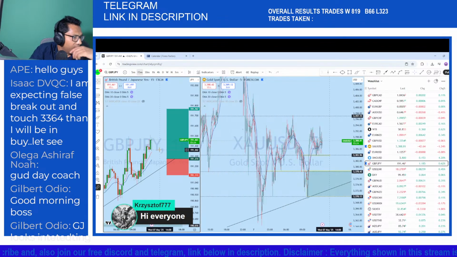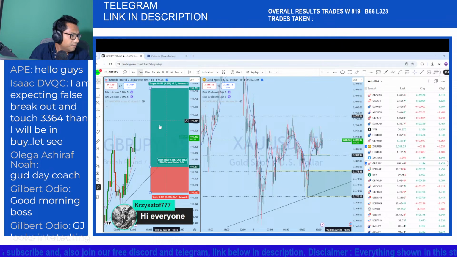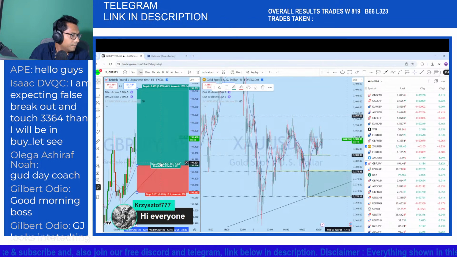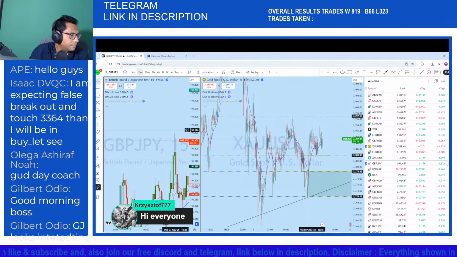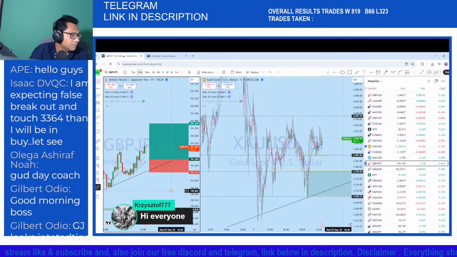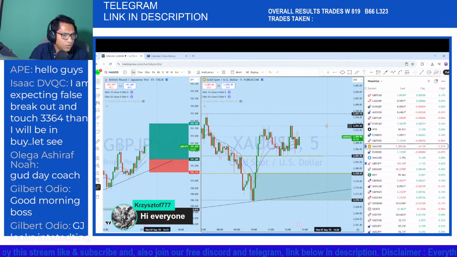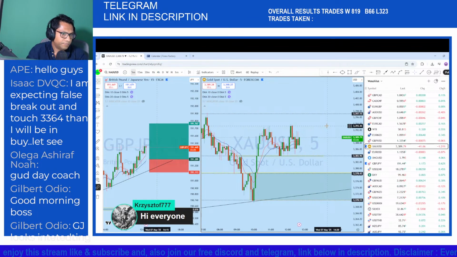It's forming a doji here in this area, while gold is consolidating.